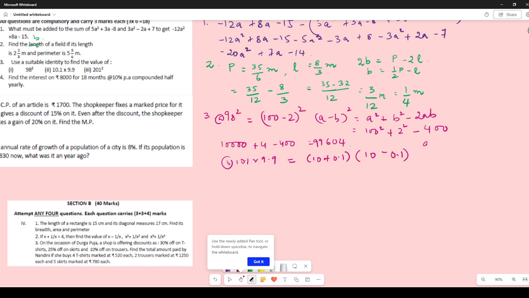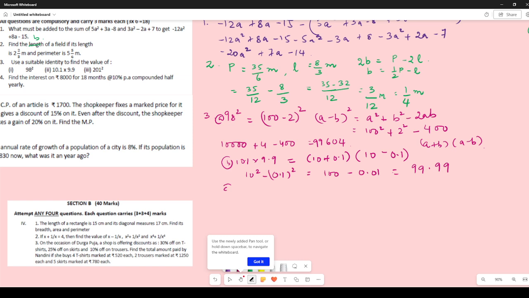If you remember the identity, this is a plus b into a minus b. So what does it become? 10 square minus 0.1 square. So 10 square is 100 minus 0.01. That makes it 99.99. That will be the answer.